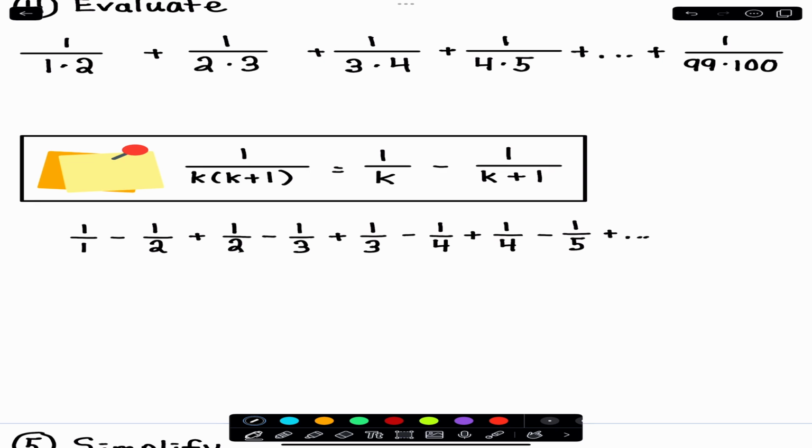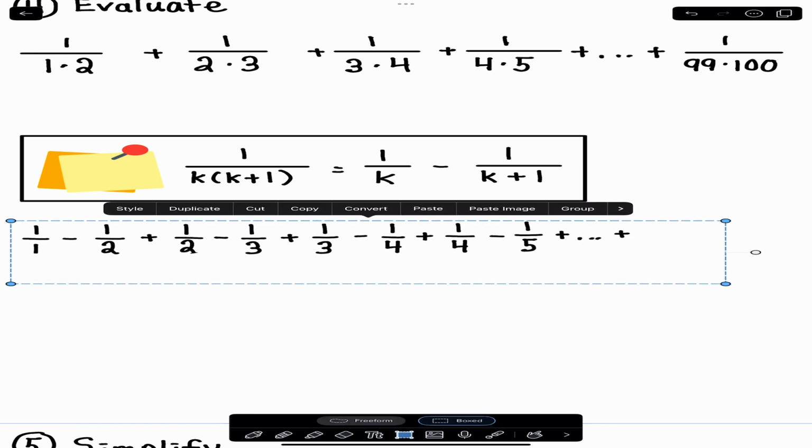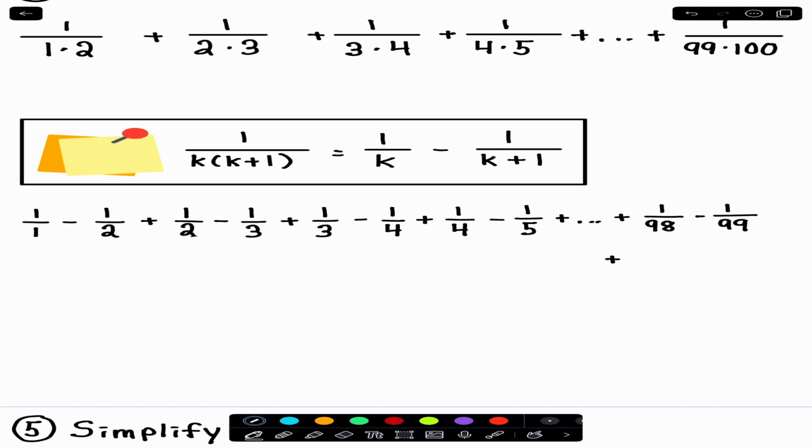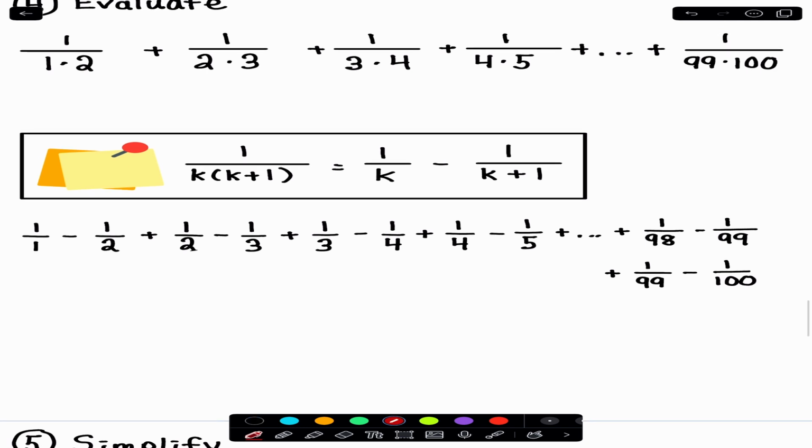And this would keep continuing until, let's move this all over to the left, just to give us a bit of space. This continues all the way to plus, well, I'm going to write the term before it, just to make it a bit more clear. Plus 1 over 99 minus 1 over 100. And now, once again, this is my favorite part of telescoping, writing these little ticks, these little cancellations, because all of these go away.